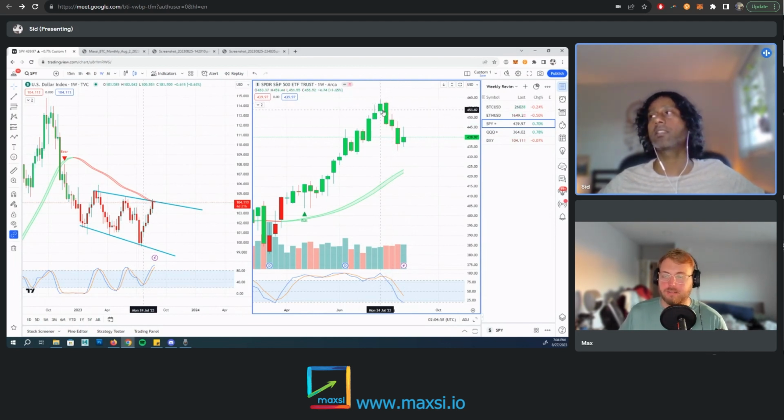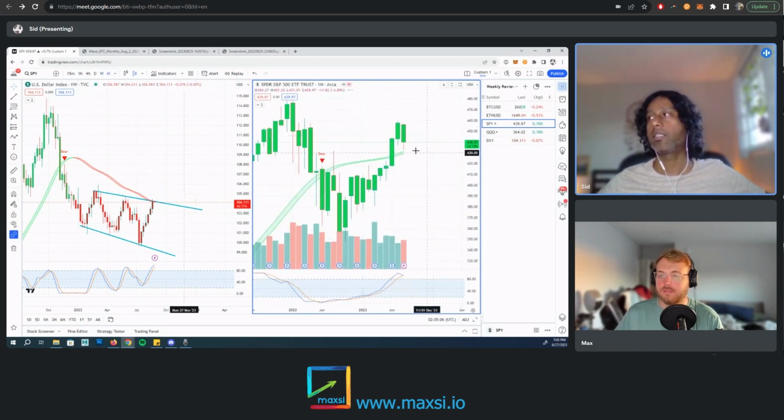If it gets rejected at resistance here on the weekly, tops out there, and then continues falling, then on the monthly it could be that it's topped out.